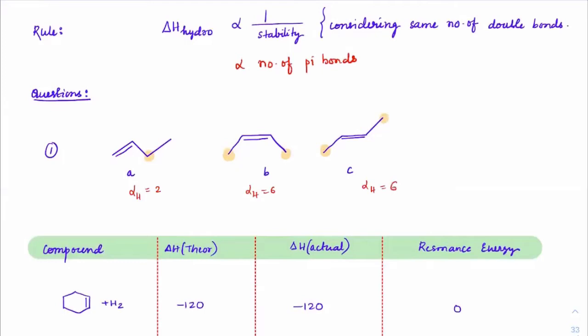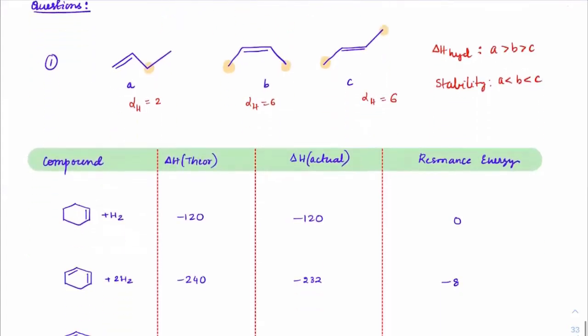Which is the most stable of these 3? C is most stable, which means delta H hydrogenation will be least for it. If delta H hydrogenation was asked, A would be greater than B greater than C. If stability was asked, it would be exactly the reverse: A less than B less than C.